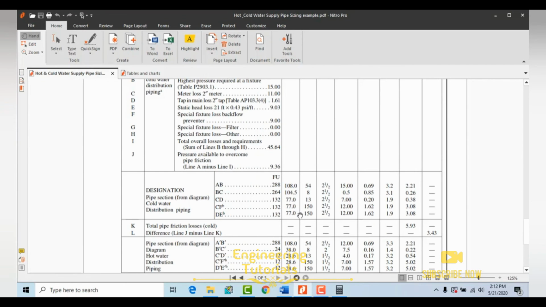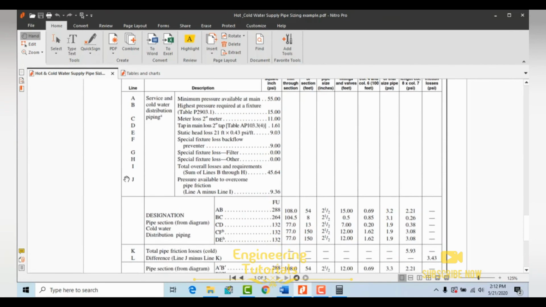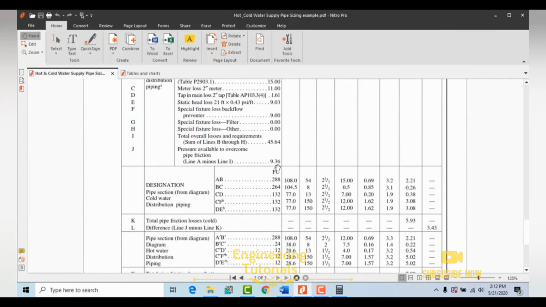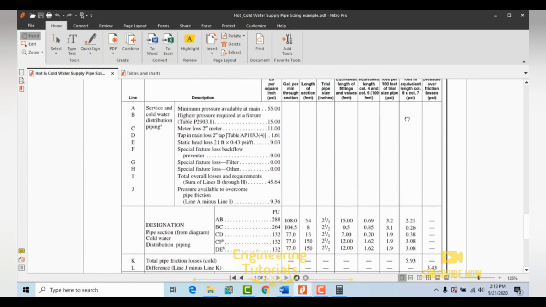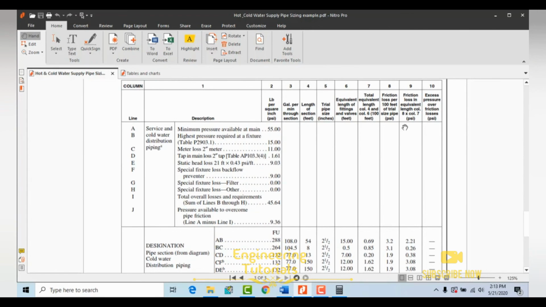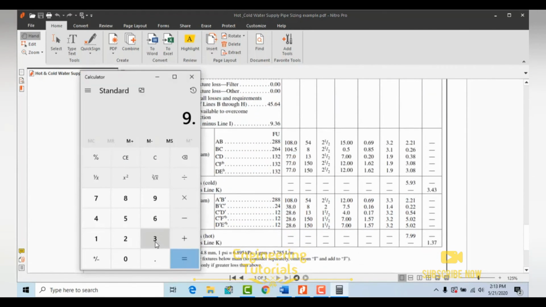and we know that the pressure available to overcome pipe friction, represented by line J, is 9.36. So we need to subtract the value in column 9, that is the friction loss in equivalent length, from this pressure available: 9.36 minus 5.93 equals 3.43.